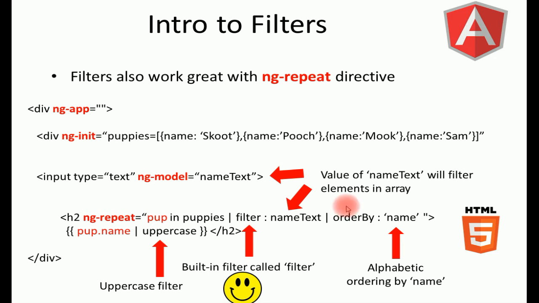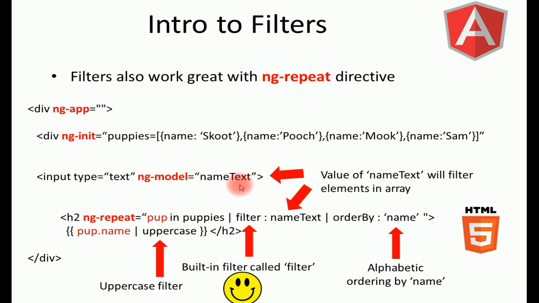For each pup object in the puppies array, an h2 element will be created and rendered to the view. The input parameter for our filter is the value of the name text property.